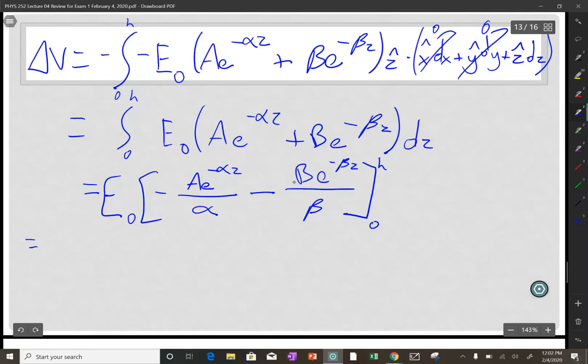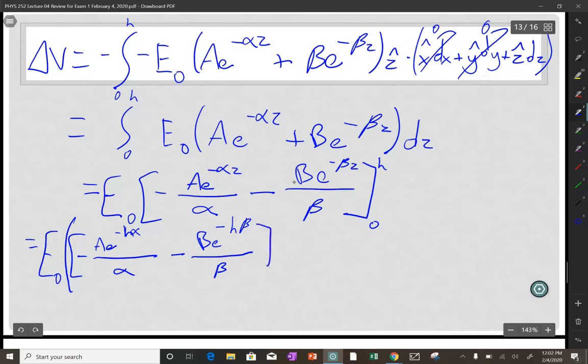So it equals E sub 0 times negative A e to the negative h alpha over alpha minus B e to the negative h beta over beta, minus, except it's going to be plus because of that sign, A e to the negative alpha times 0 over alpha plus B e to the negative beta times 0 over beta.